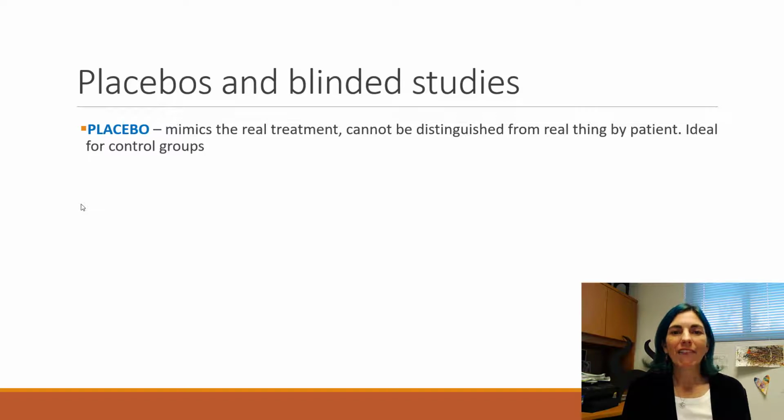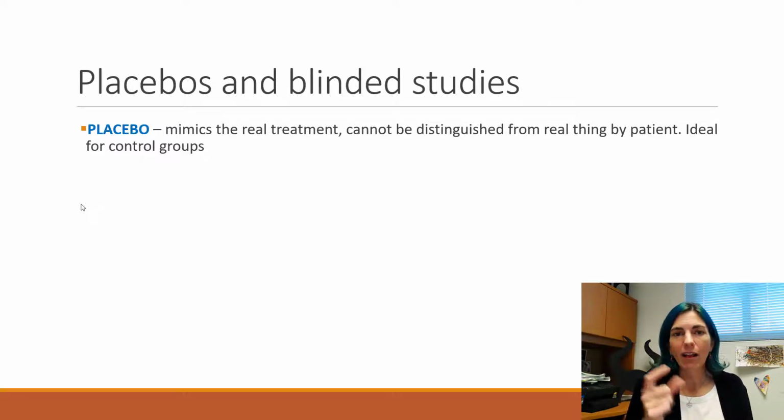If we did not have a placebo, or the placebo was clearly distinguishable, and I give a patient something and say, I think this is going to work, and they believe it's going to work, and they get ivermectin and they feel better, they might exaggerate how much better they're feeling because they believe they should feel better.